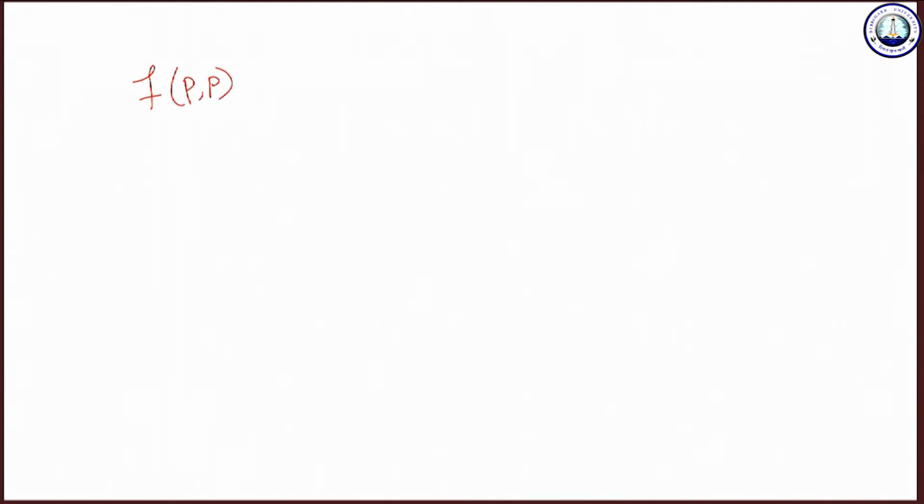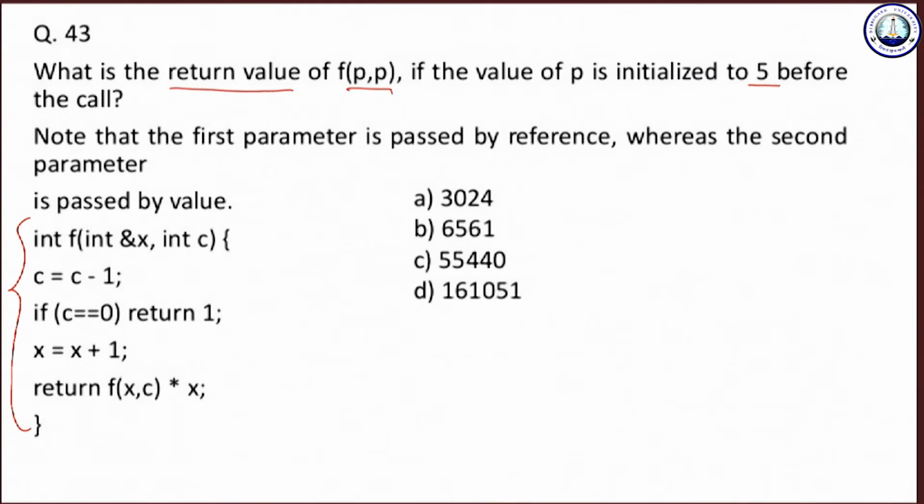As p is initialized to 5, both will be 5. So, we can write f of 5 comma 5.